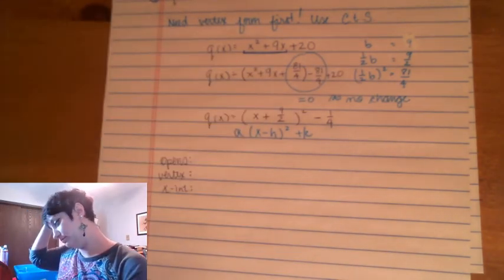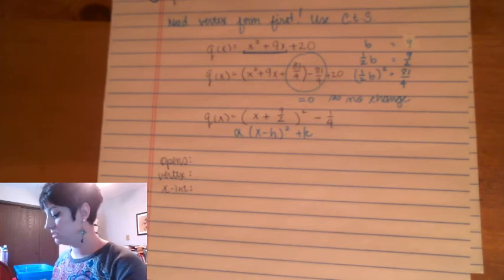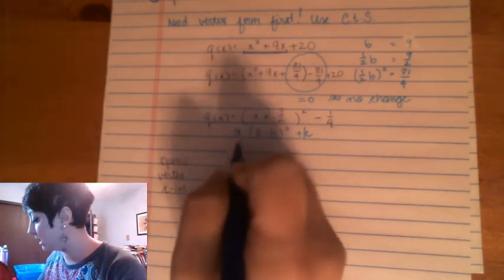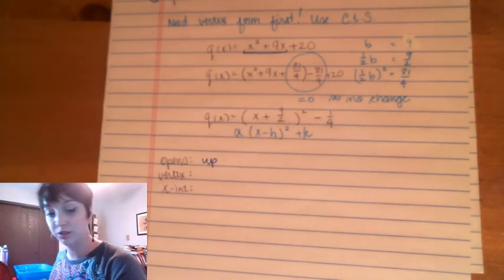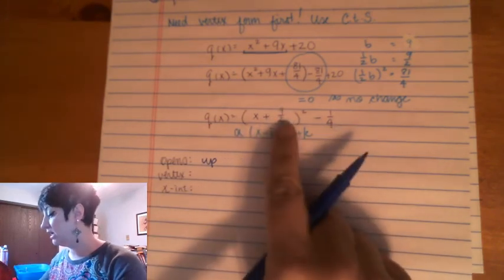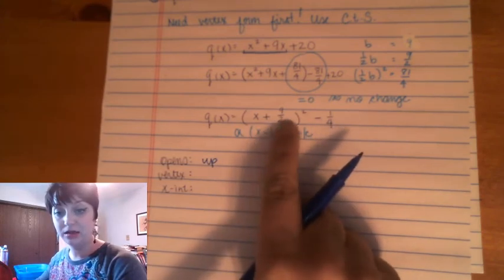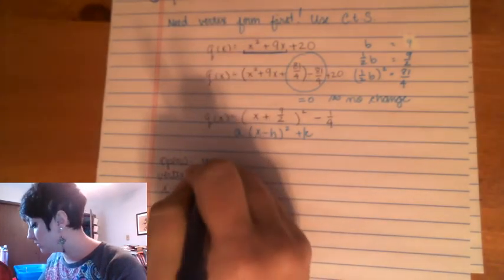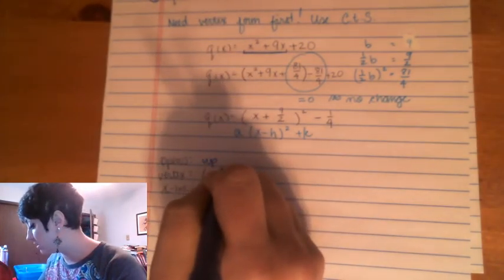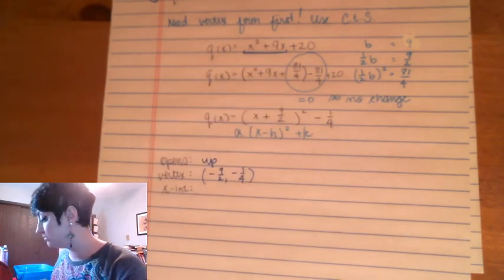Okay. So this opens up because A is 1. So it's positive, so it's going to open up. The vertex is h, k. Here, remember the form is x minus h. So if I'm adding something, that must mean I'm subtracting a negative. So my vertex is negative 9 halves, comma, negative 1/4.